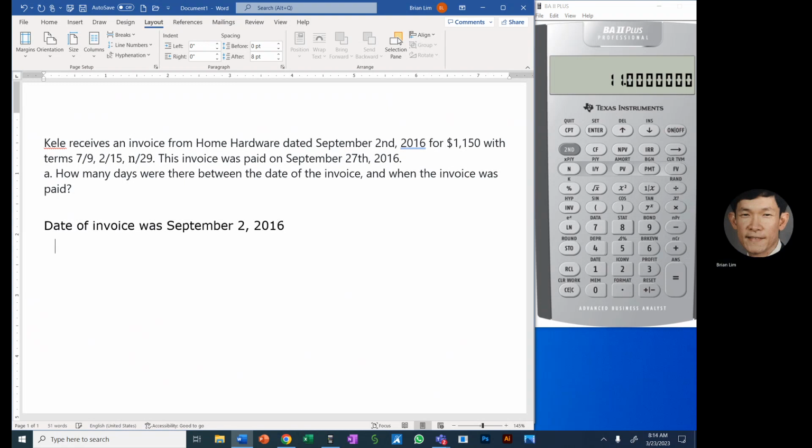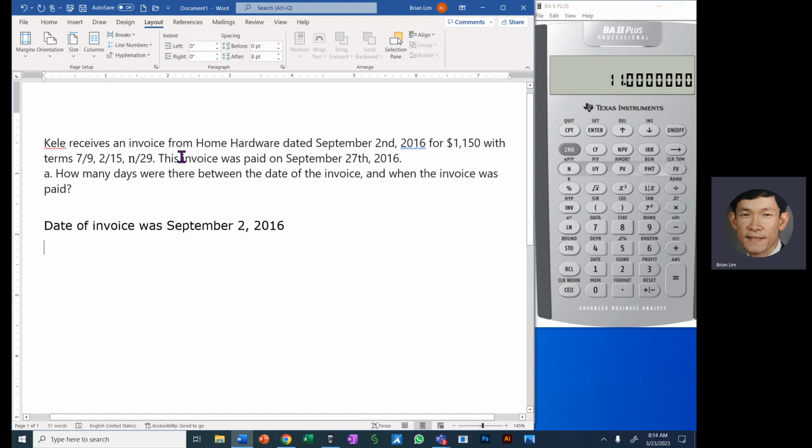All right. So the date that it was paid, invoice was paid on September the 27th, 2016.